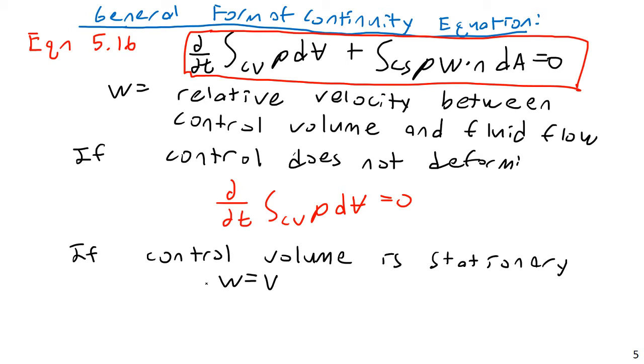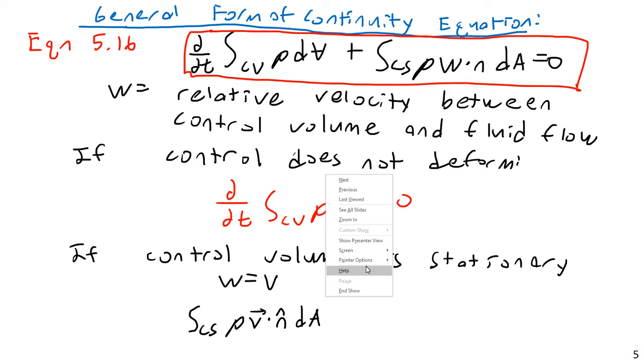And in that case, we would reduce this to a more limited case, and we would say, okay, the integral across the control surface of rho v dot n dA, and this is for a stationary, non-deforming control volume. So this is a particular case that we may want to consider.